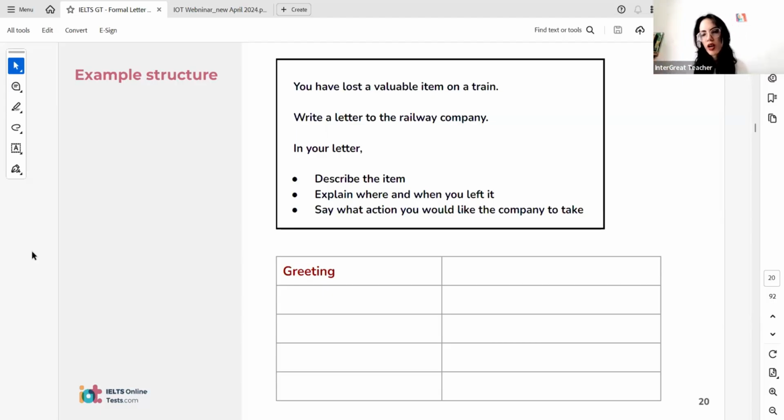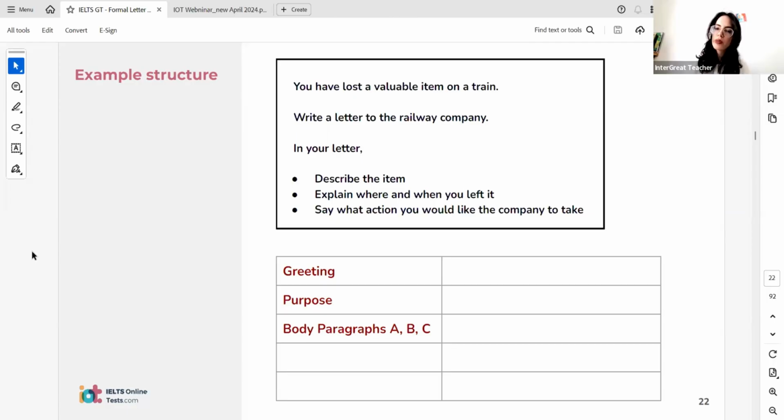Very good. Just saying hi, in whatever manner suitable for the kind of letter we're supposed to write, and definitely not bro. Okay, so greeting. After that, we need to state our purpose. So why are we writing this letter or email?